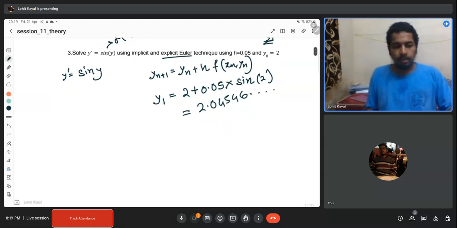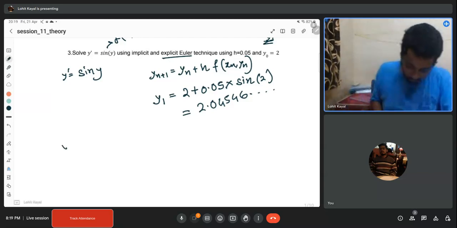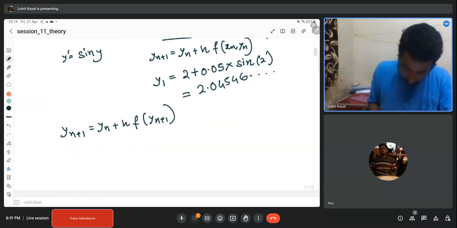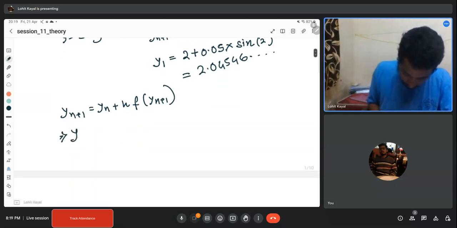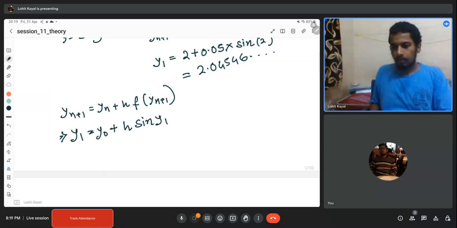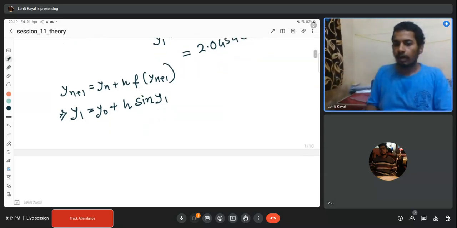Now I need to use the implicit Euler technique. The formula is yn plus 1 equal to yn plus h of f of yn plus 1. So here it will be y1 equal to y0 plus h sine y1, so you cannot solve it straightforwardly.